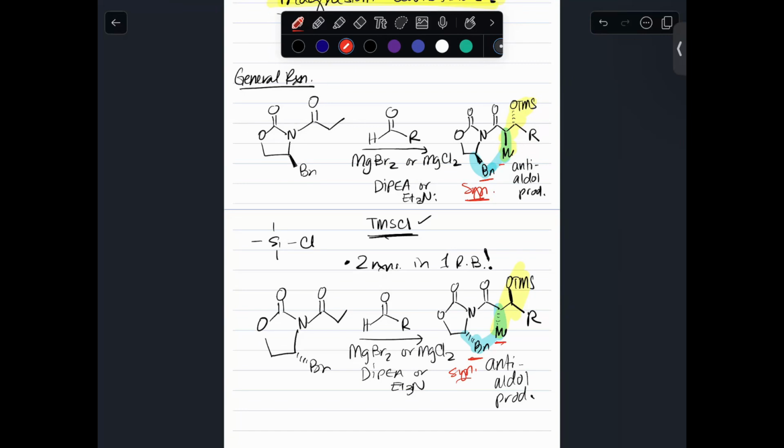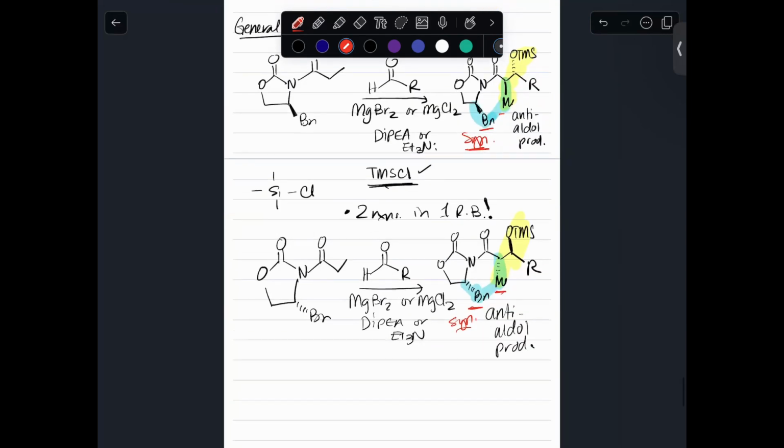So your first inclination is to think that, hey, it's proceeding via the E-enolate because E-enolates give us anti products, but it's not. You're still forming the Z-enolate. And so let's talk about how we get the anti-aldol products from a Z-enolate.